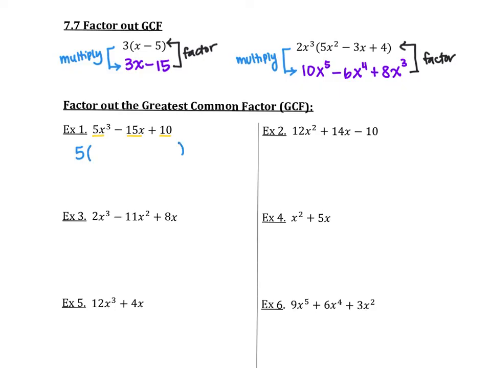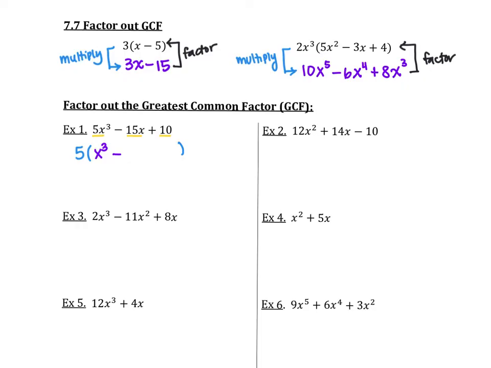Now I'm going to do the opposite of distributing. I'm going to think about what did I multiply this by so that I got this as the answer. So 5 times something to get 5x to the third. That would have to be 5 times x to the third would give me 5x to the third. I'm going to bring down the minus sign. 5 times something would give me 15x.